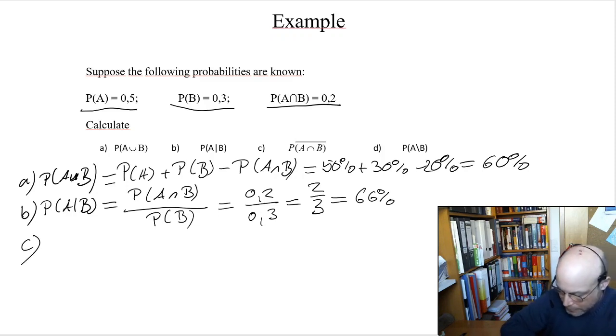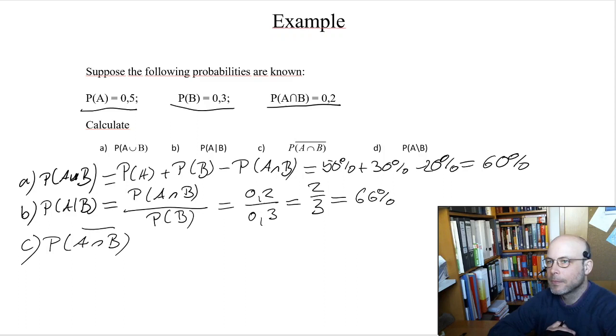Then let's take C: P of not A and B. This looks complicated, but it is not.